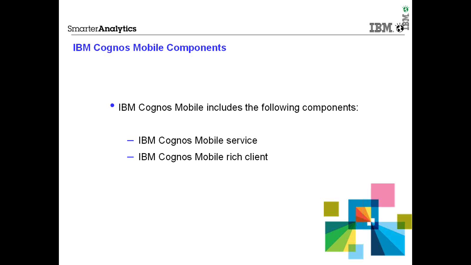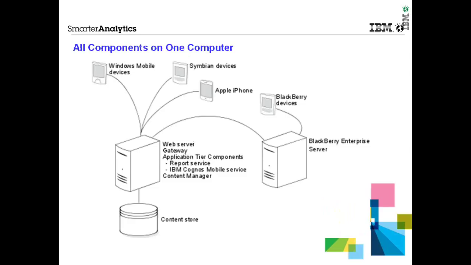Now let us quickly look at the architecture. What you see on the screen is a typical single server installation of Cognos BI. I would like to highlight that most mobile devices talk to the BI gateway server directly, except for the BlackBerry Enterprise server.